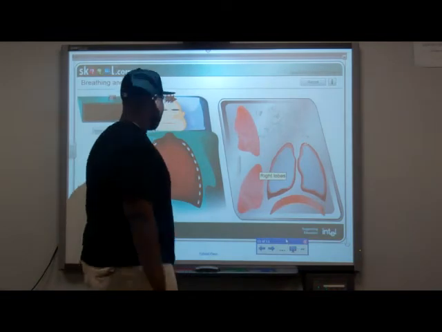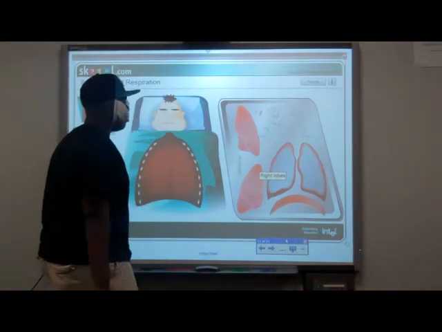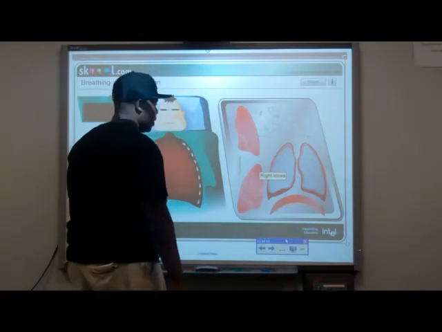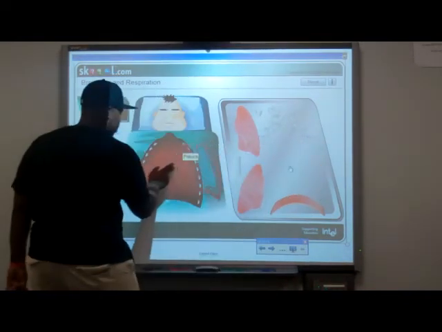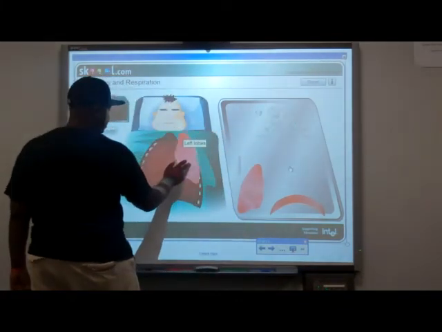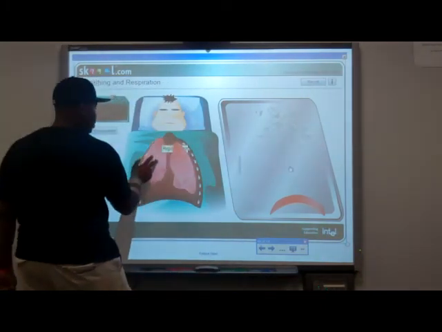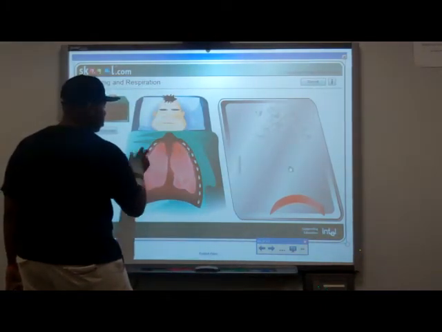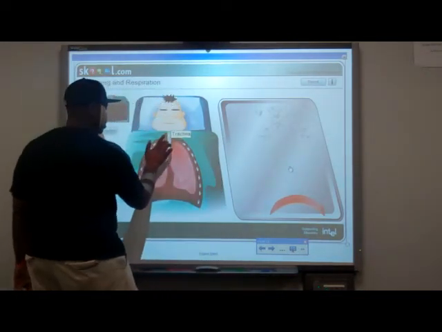Okay. So when we put his respiratory system together so he can start breathing. Okay, let me see. I know this belongs right here. And the left lobe, obviously, belongs on the left side. The right on the right side. I think the trachea goes right here.